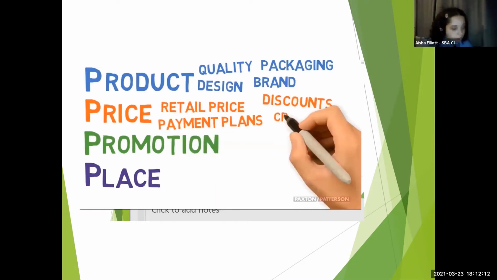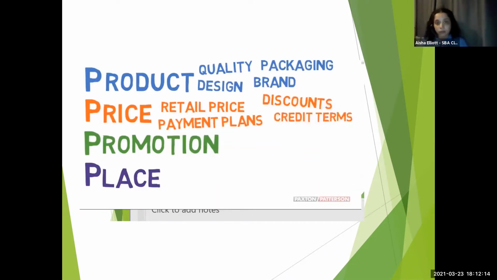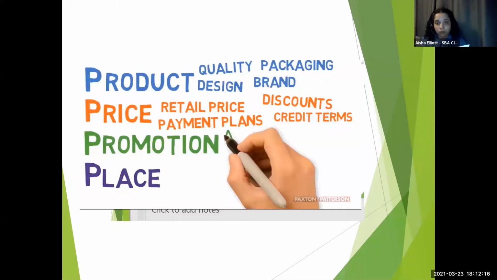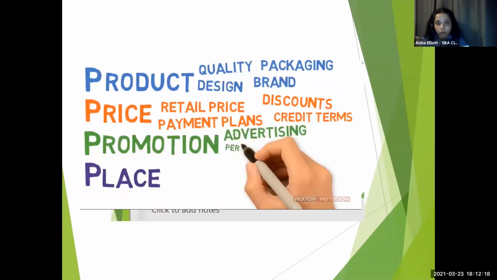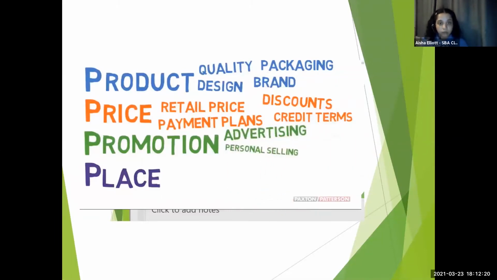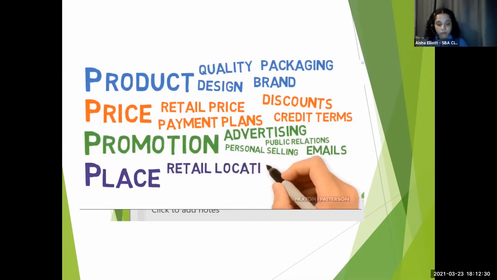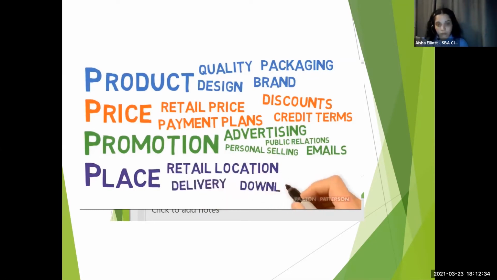Are there any specific credit terms if the customer has to borrow money to buy your product? Promotion deals with any advertising. Personal selling. Are there salespeople? Public relations? Emails? Anything that gets the word out. Place. Do you have a retail location or a storefront? Do you deliver? Can the product be downloaded? Basically, all distribution methods.